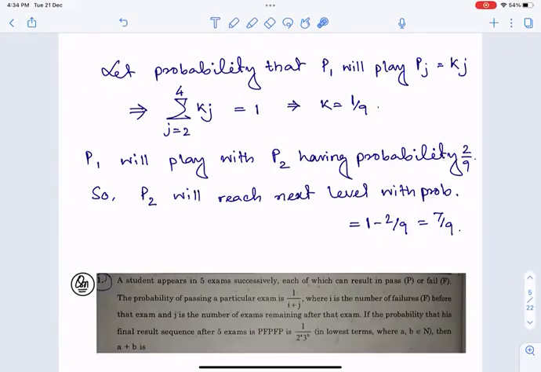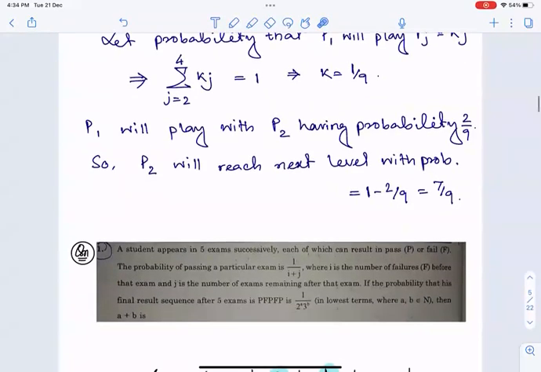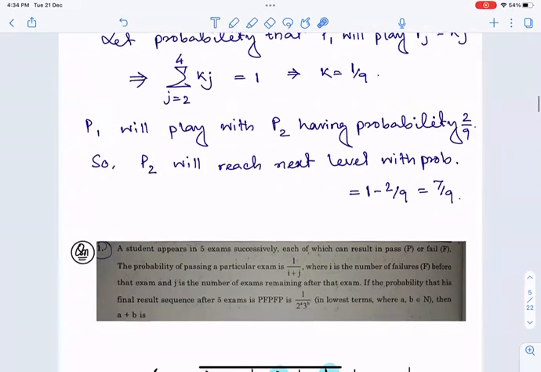If we try to work on this data, what we need to identify is that at any stage, performance depends on both i and j. i is the number of failures before that exam, and j is the number of examinations after that exam.